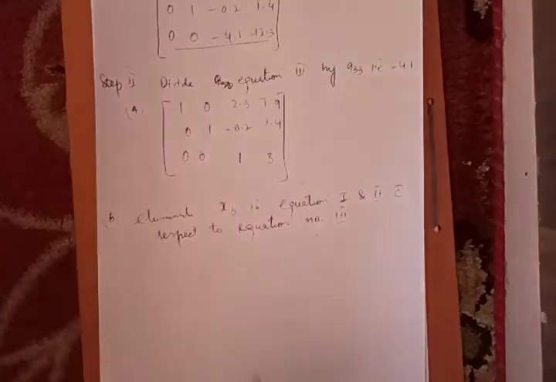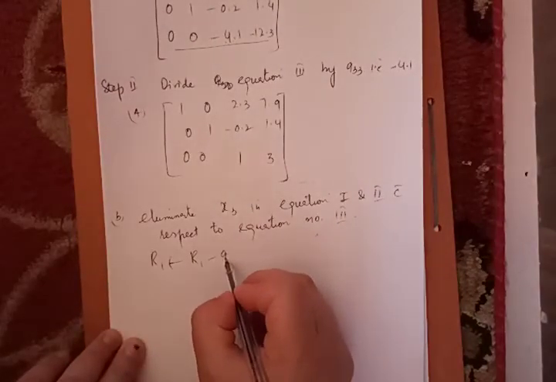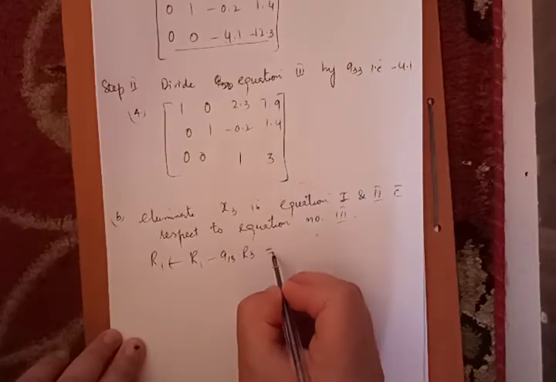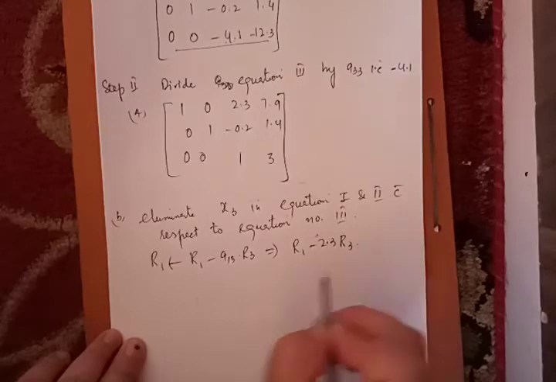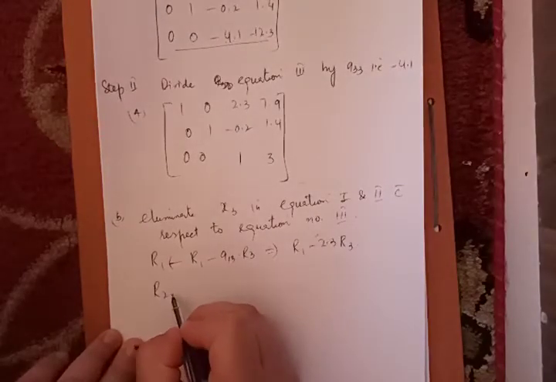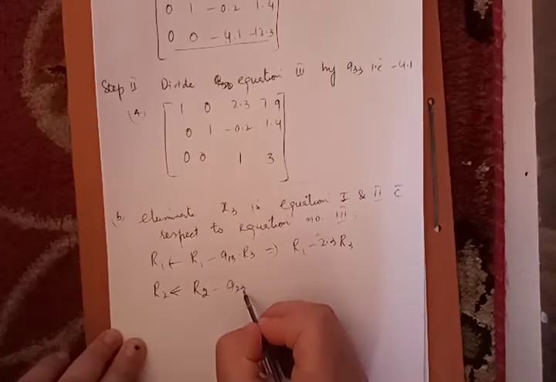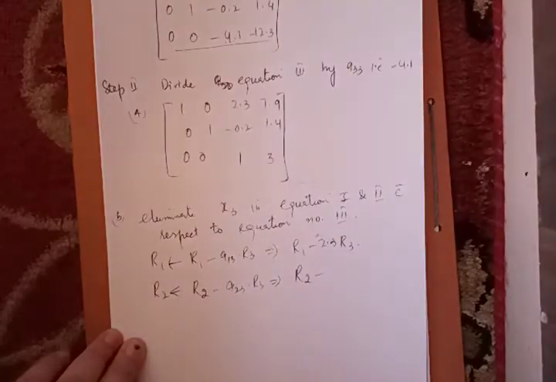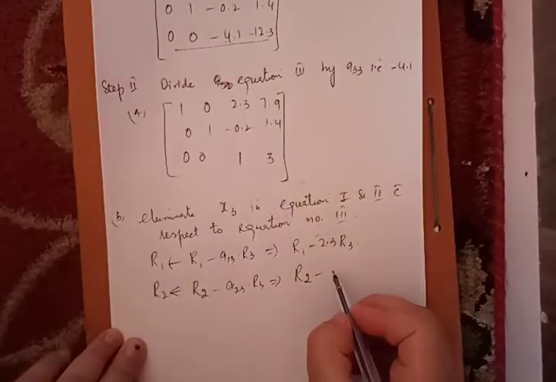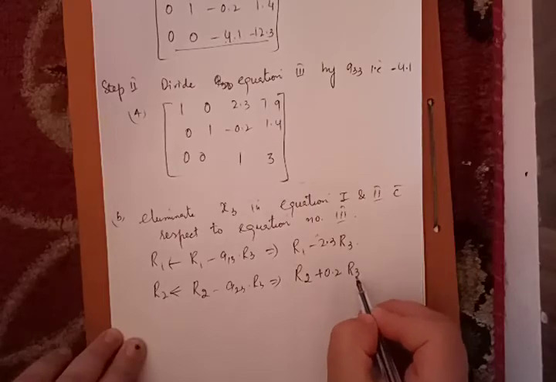The transformations which we have to apply: R1 will be R1 minus A13 times R3, which will be R1 minus 2.3 times R3, and on R2, it will be R2 minus A23 times R3. What is A23? It is minus 0.2, so it will become R2 plus 0.2 times R3.